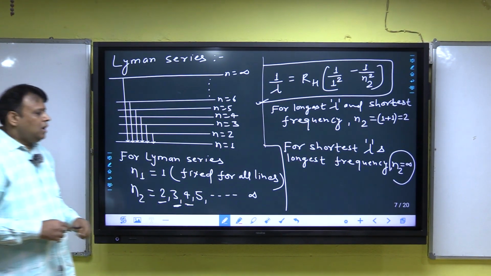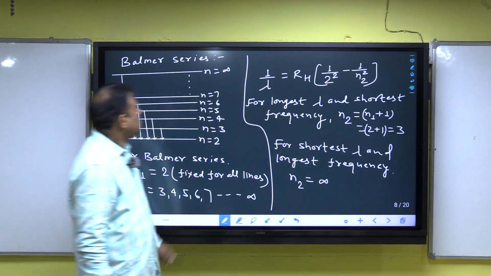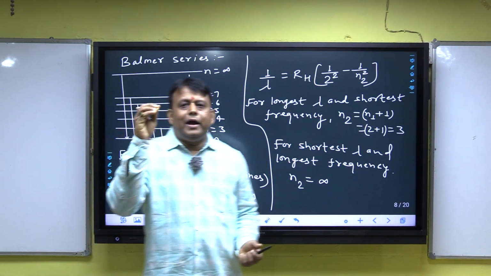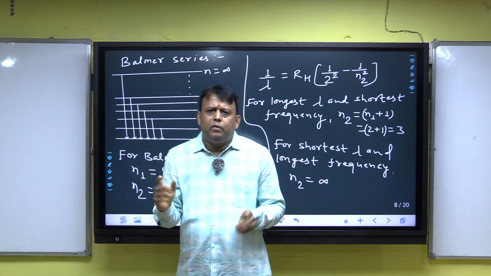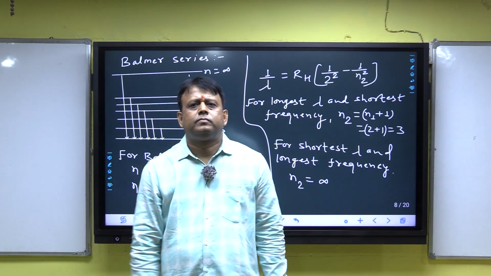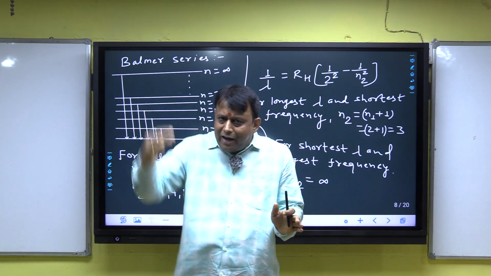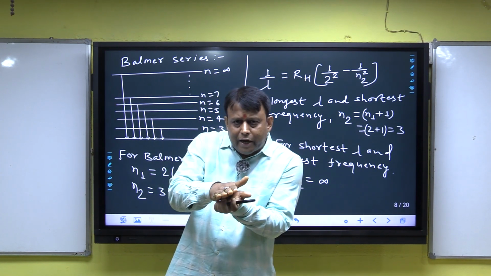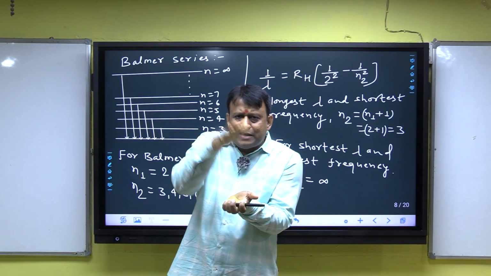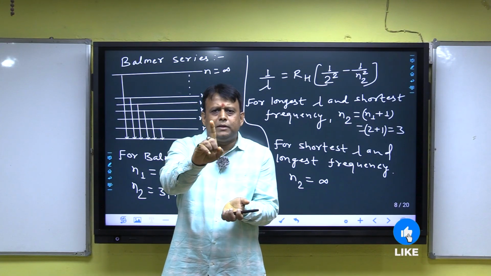Now, I will discuss the Balmer series. Listen carefully. When an electron falls from some higher orbit to the second orbit, that means third to second, fourth to second, fifth to second, seventh to second, infinite to second, it is called the Balmer series.